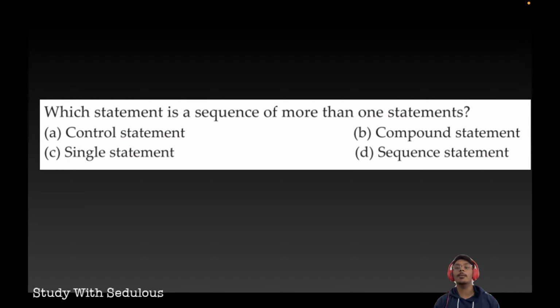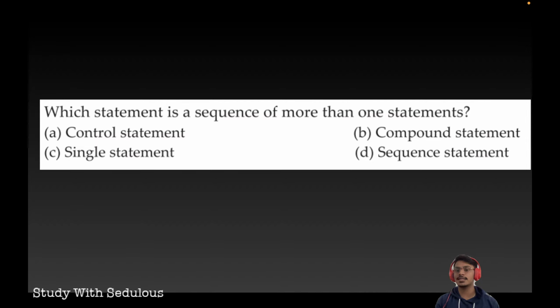No. So basically B or D: sequence statement or compound statement. Sequence statement doesn't make much more sense than compound, because sequence means it should be in order, right? And we have said it's just more than one statement, which could be ordered or unordered. So the answer should be B, compound statement.